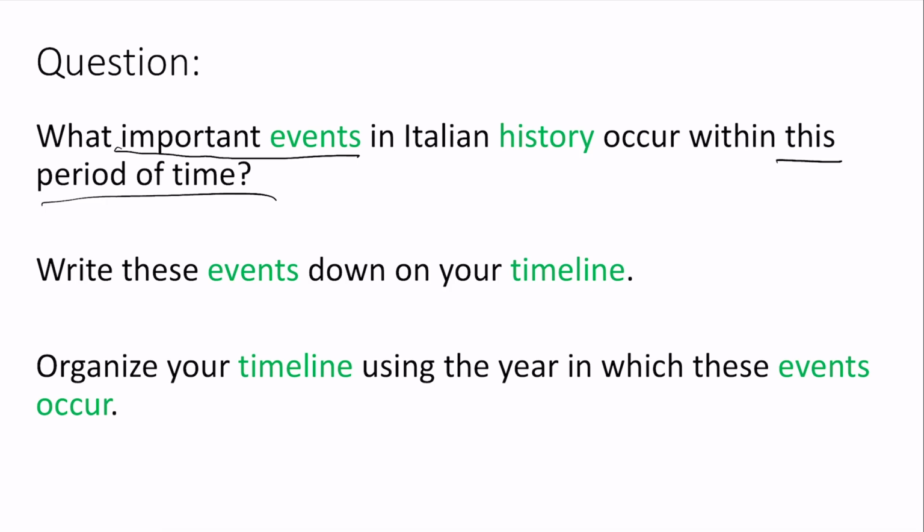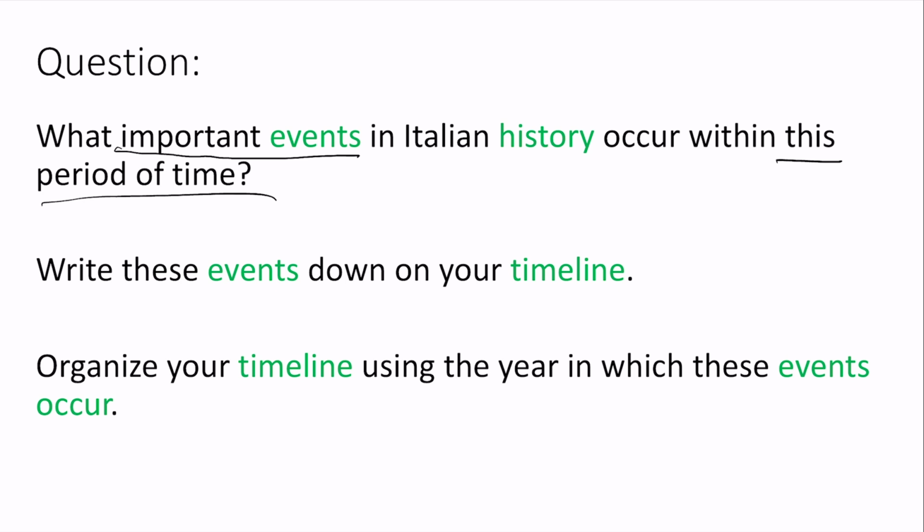And remember, I'm talking about 1492 to 1892, or excuse me, 1802, all right? Can you think of any important events that occur in Italian history during this time?